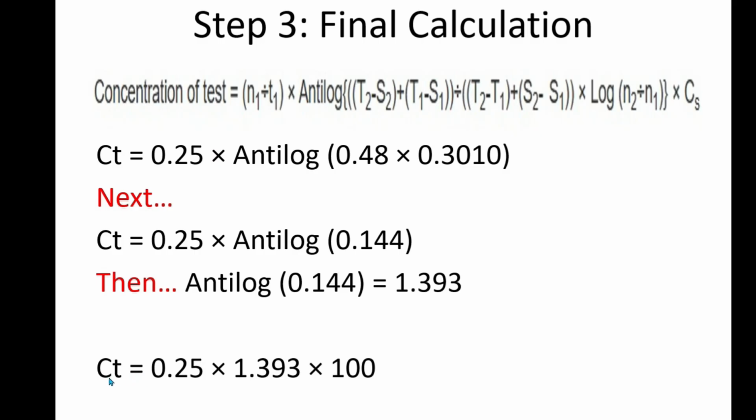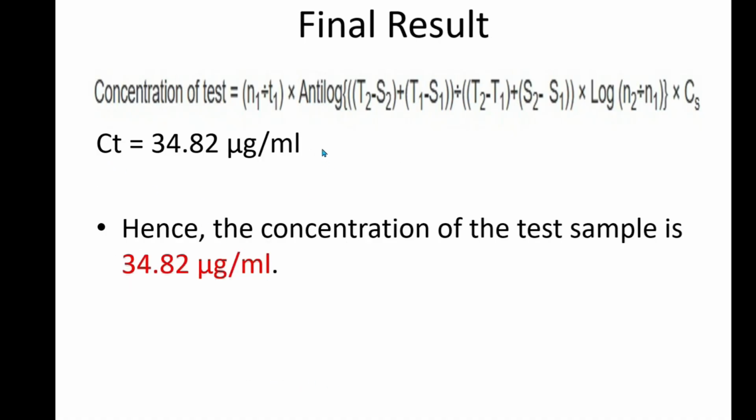CT, meaning concentration of test, is 0.25 into 1.393 into 100. So now the concentration of test is 34.82 microgram per ml. Hence the concentration of the test sample is 34.82 microgram per ml.